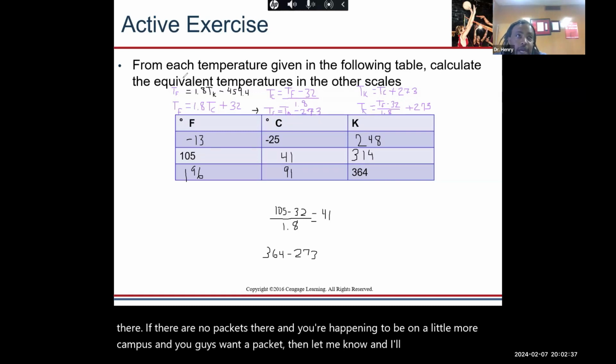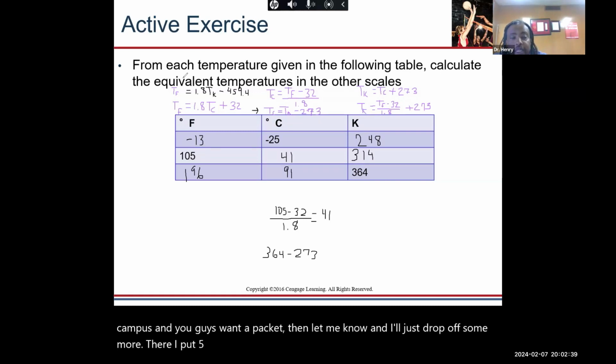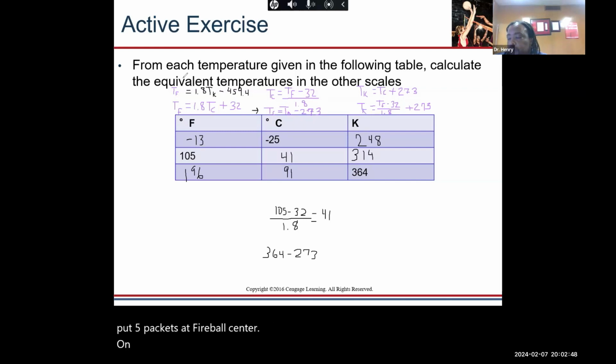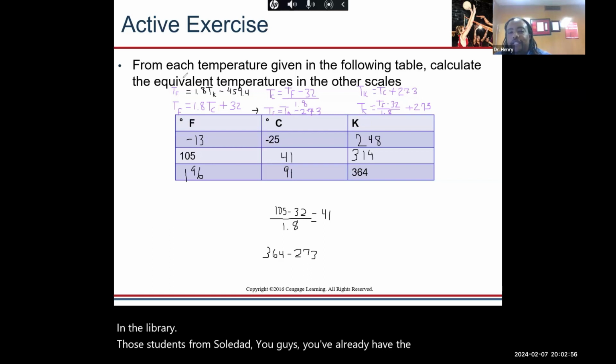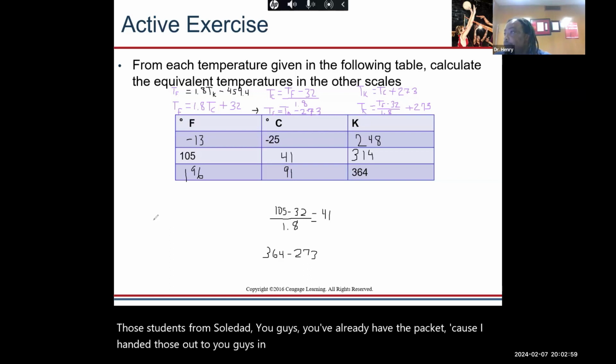I put 5 packets in the Mesa Center at the Coalinga campus, and 5 packets at Fireball Center in the library. Those students from Soledad, you already have the packet because I handed those out to you in lab. So any questions so far?